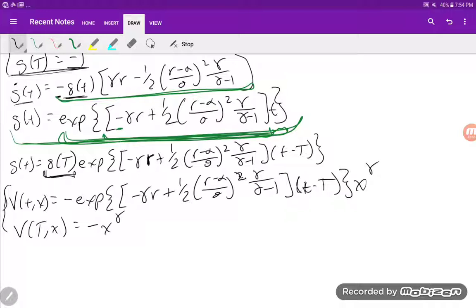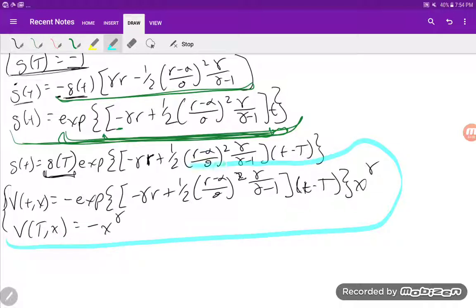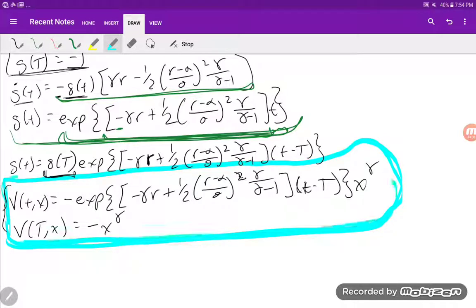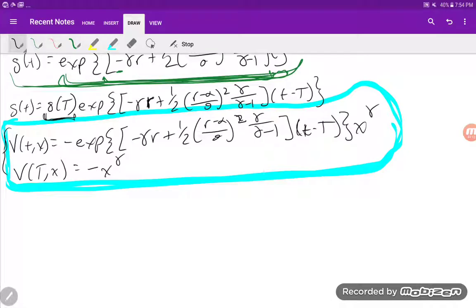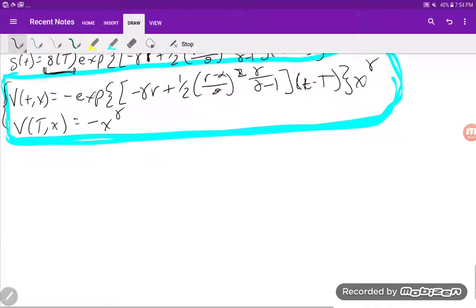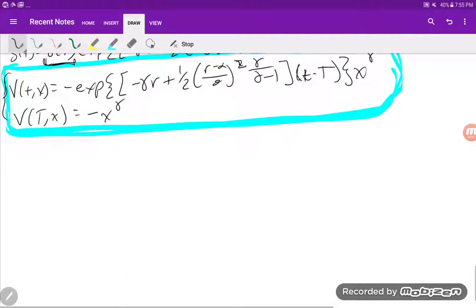Okay, so there we go. By something called the verification theorem, we have found our solution to the Hamilton-Jacobi-Bellman equation, and therefore our control is optimal. But remember, we didn't quite fully have the control yet.